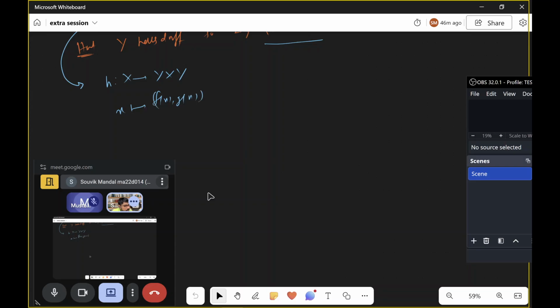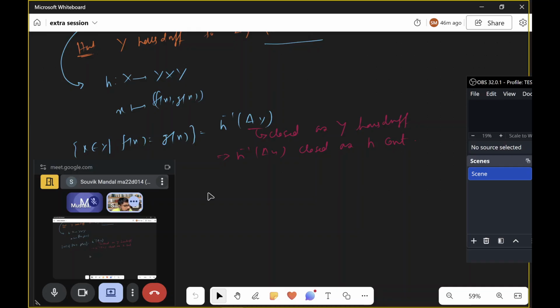Now clearly, if we call the given set, the set of x belonging to X such that f(x) equals g(x), it equals h inverse of delta Y. Now delta Y is closed as Y is Hausdorff, and so h inverse of delta Y is also closed as h is continuous.